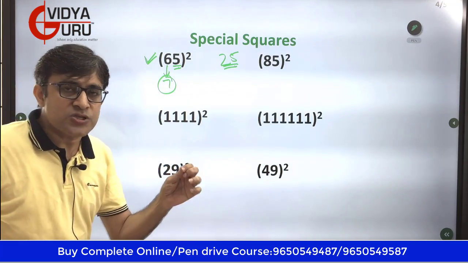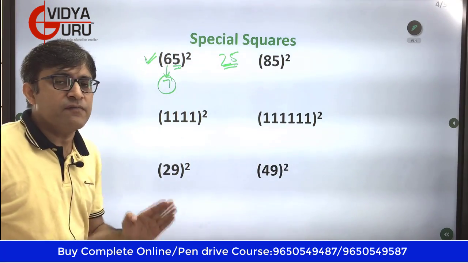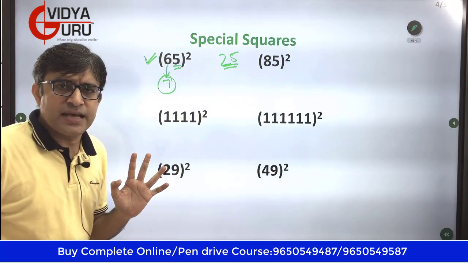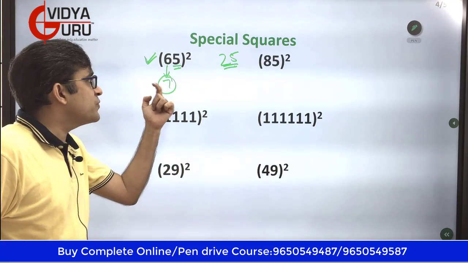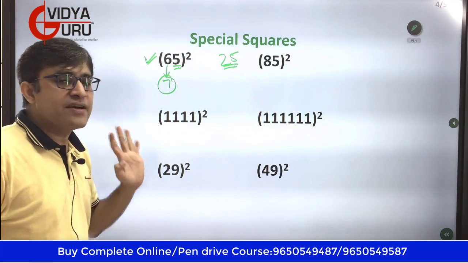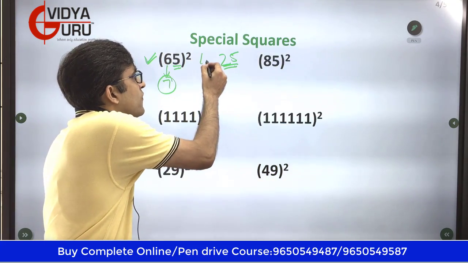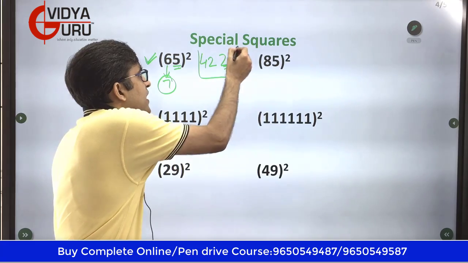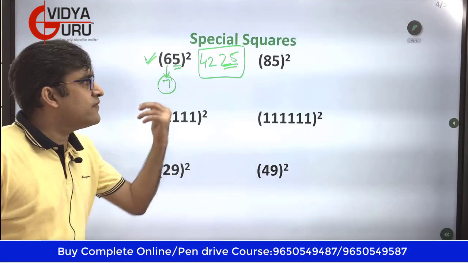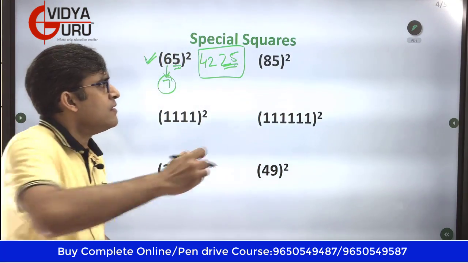So 6 sevens are 42. So 42 then 25, so it turns out to be 4225. It is that simple. You can do it mentally.